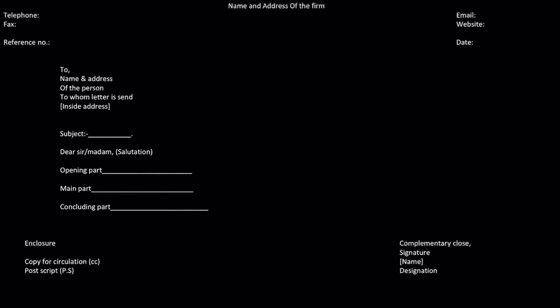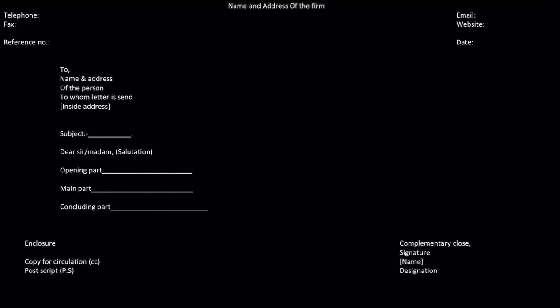So combination of this is written as the reference number, and then on the right hand side date of the letter is written. So all these things are part of heading of the letter, that is name and address of the firm, contact detail such as telephone, fax, email, website, and then reference number, and then date. All these things are part of the heading.